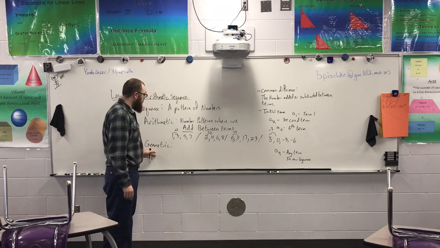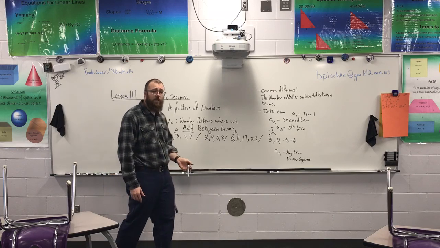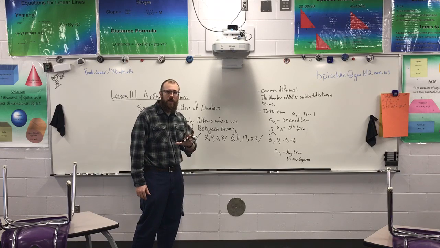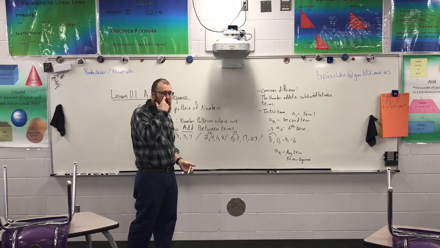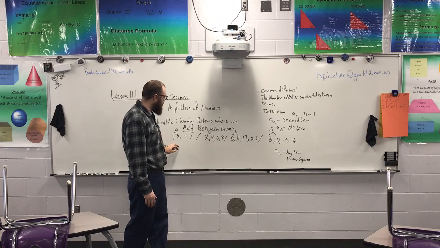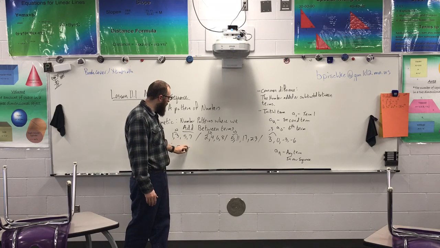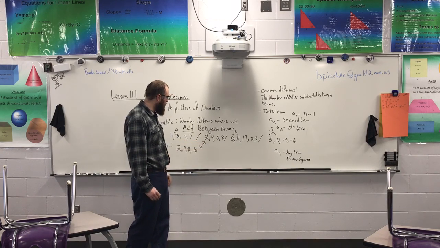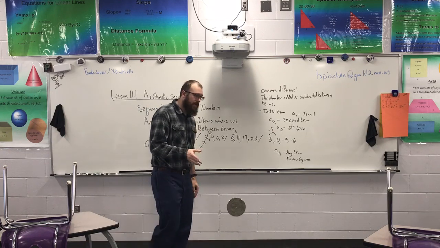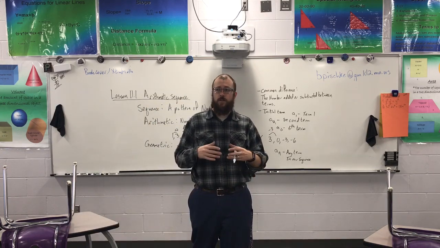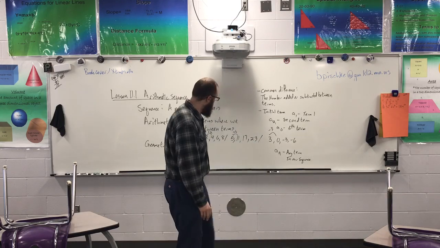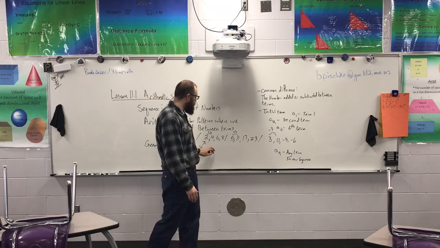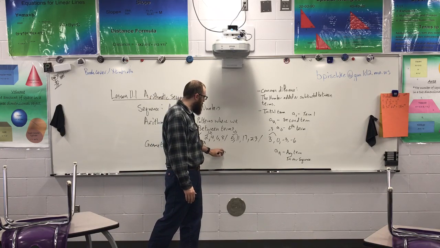Geometric sequences are sequences where we multiply between terms. Now we're going to get into them in much more detail later on, but you need to understand the difference right now. So a geometric sequence could be 2, 4, 8, 16. You'll notice the very sharp contrast between the arithmetic sequence and the geometric sequence. So because we're multiplying between terms, in this case this is a times 2 sequence, we could also do something like 1, 3, 9, 27.